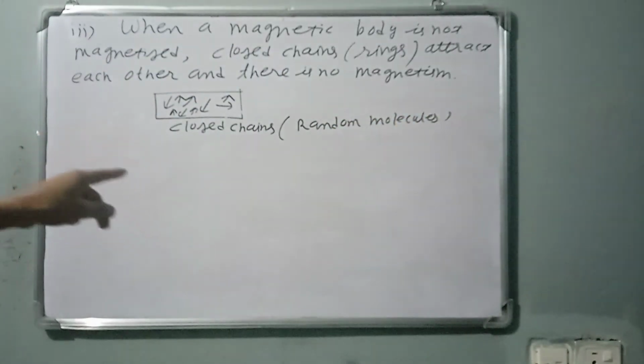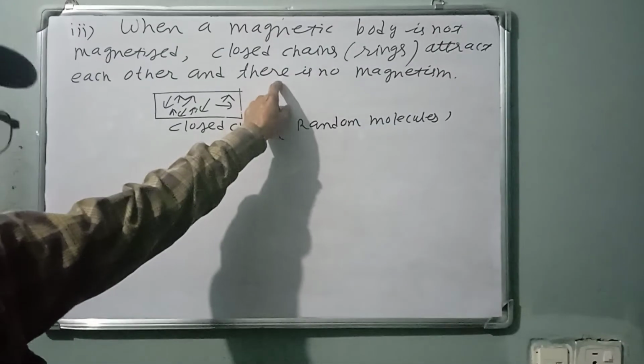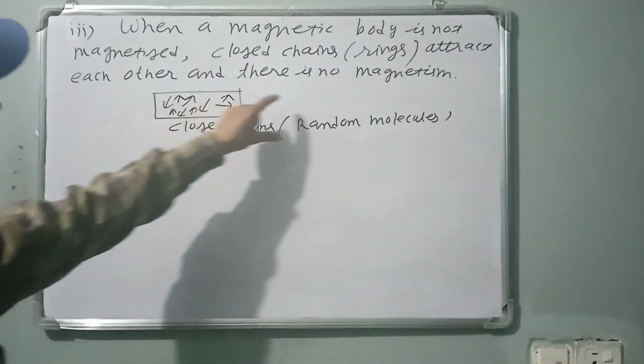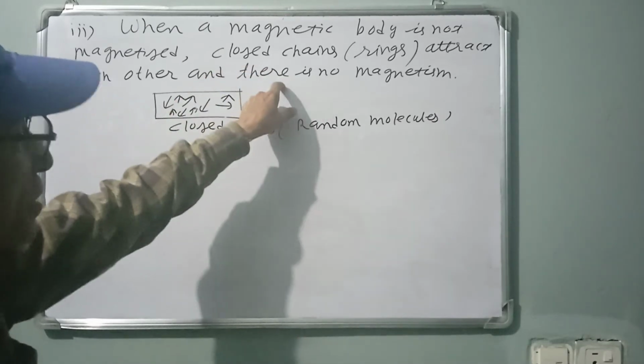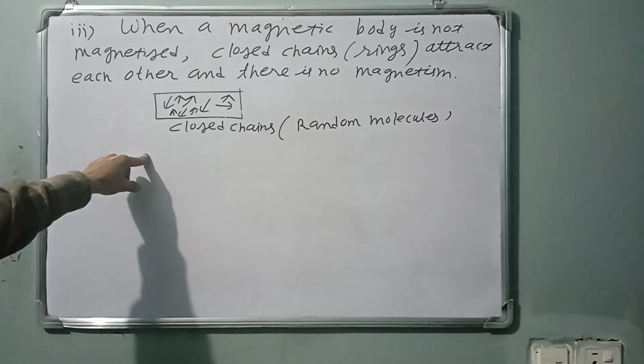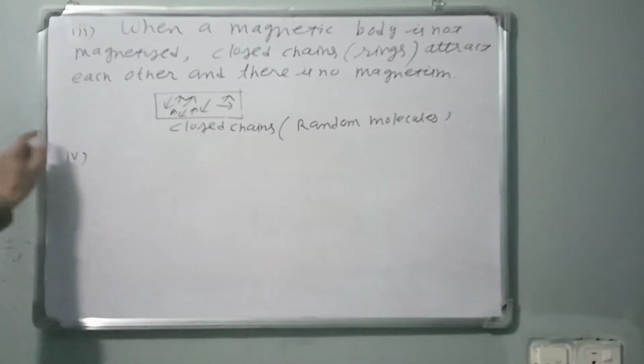Random molecules or closed chains face in any direction, they attract each other and there is no magnetic force. There is magnetic force, but the forces are equal and opposite, and finally the net force is 0 due to equal and opposite force.